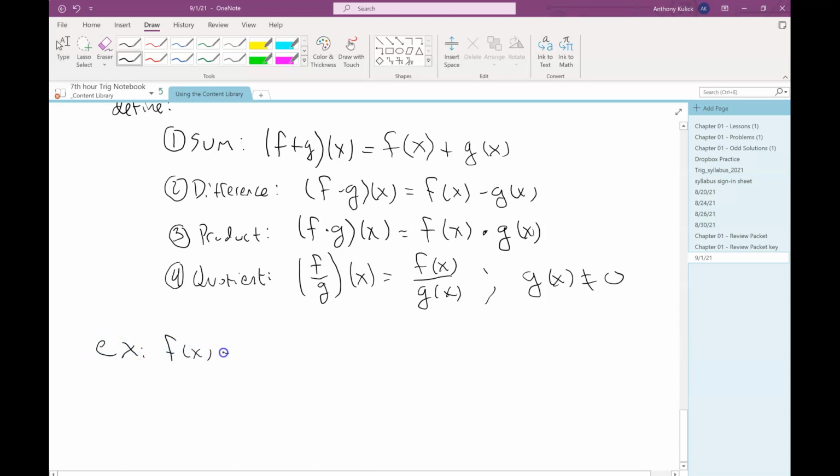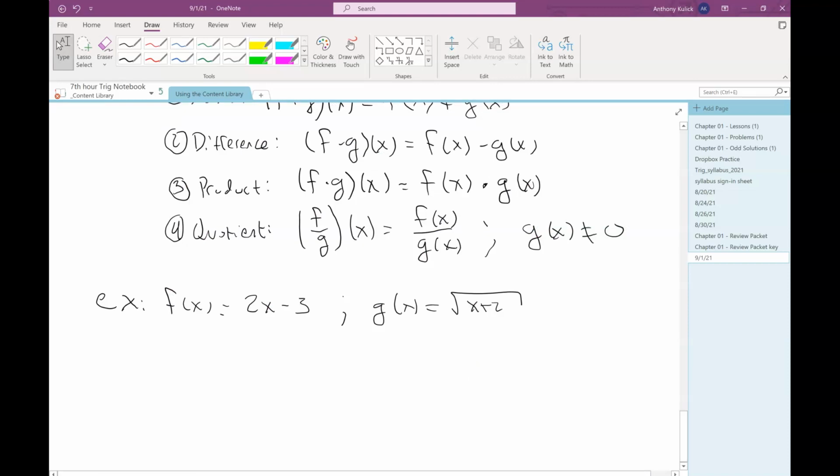So let's say f of x is 2x minus 3, and g of x is the square root of x plus 2. If I do f plus g of x, according to my definition, that should just be f of x plus g of x.